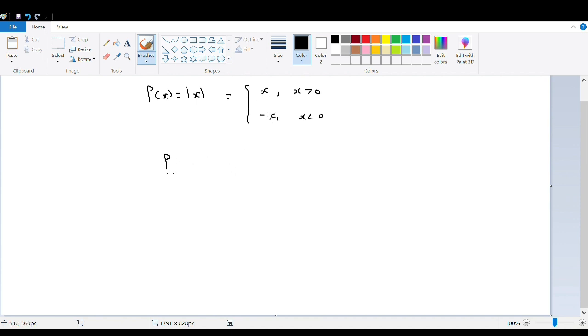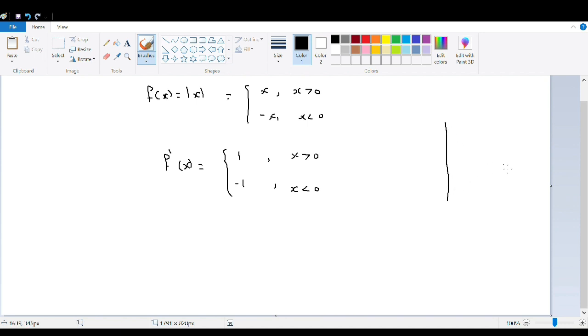So here we will write f prime of x. The derivative of x will be 1, because here we have the function y equals x, so m equals 1, the slope is equal to 1. When y equals minus x, the slope will be equal to minus 1. So here we have x when x is greater than 0, and when x is less than 0.